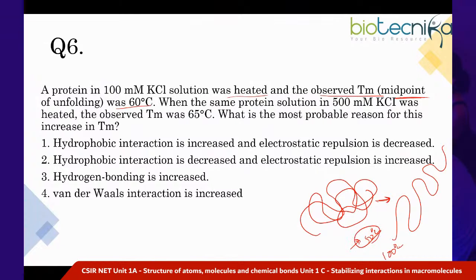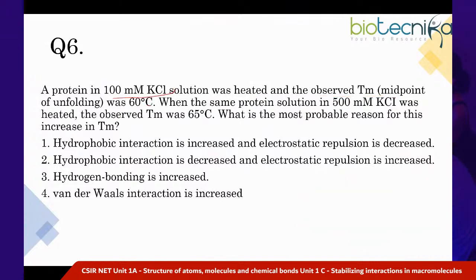Now, when you have 100 molar KCl, the temperature required to unfold is 60 degrees. But if we have 500 millimolar KCl, so you have taken more salt solution, again, KCl is nothing but salt solution, you can see that the Tm has increased to 65 degrees centigrade.